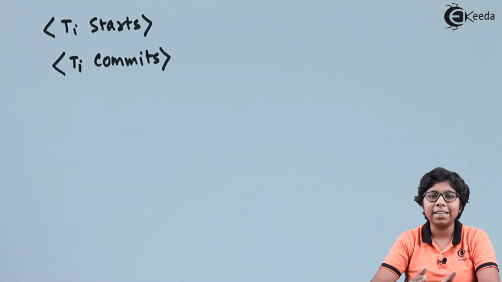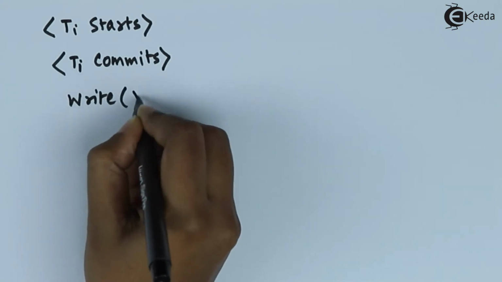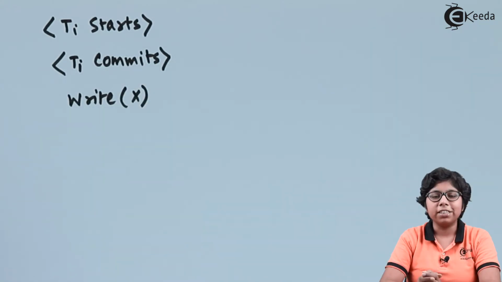Only if the data is written to the stable storage will the actual modification made by the transaction to the accessed data be performed. We are therefore required to perform a write X operation to the log records corresponding to all the values of X changed by any transaction Ti.